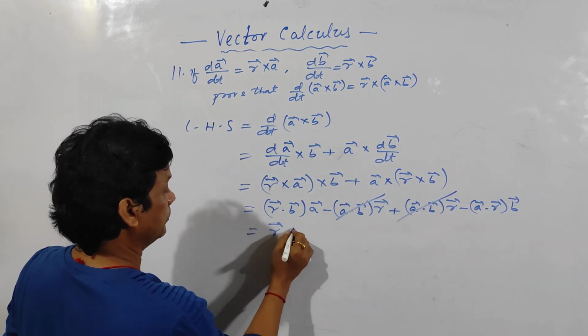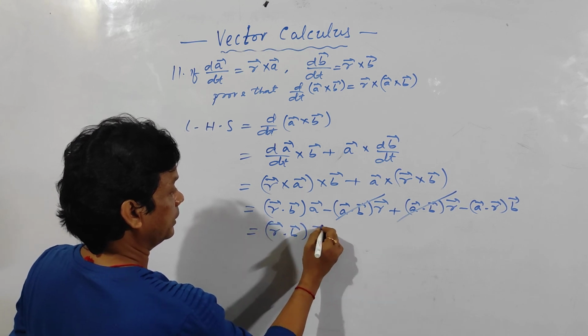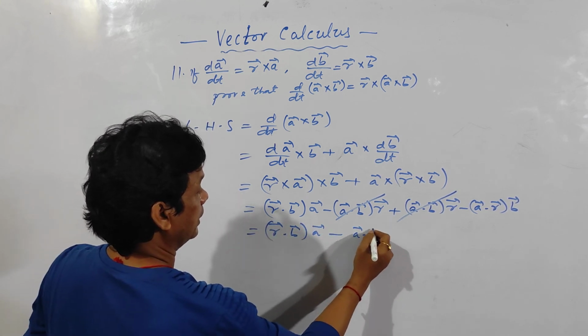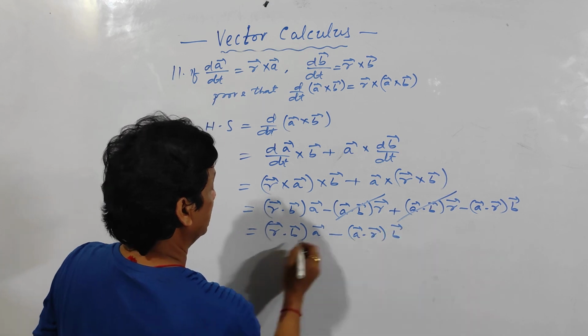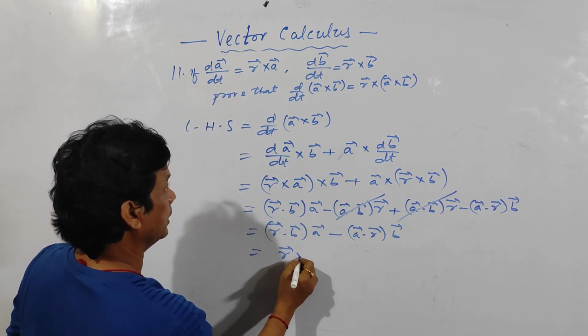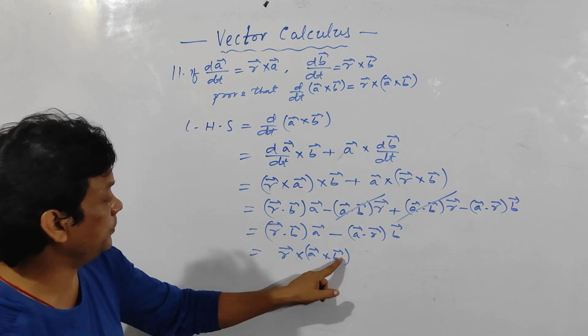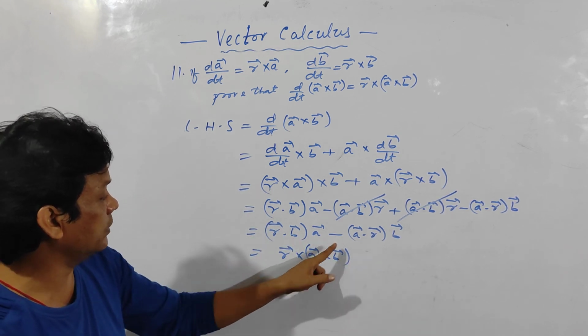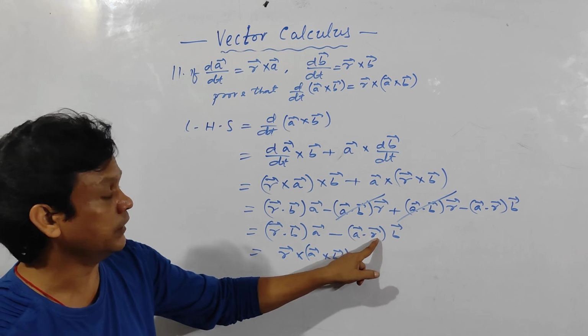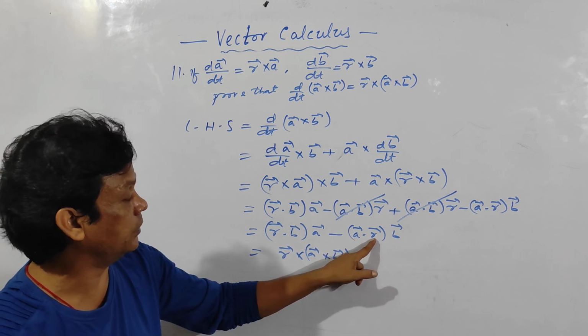So what remains is R dot B into A vector minus A dot R into B vector, which is the same as the right hand side, R cross A cross B. See here, because R dot B into A minus R dot A into B, and the dot product is commutative, so you can write A dot R also.